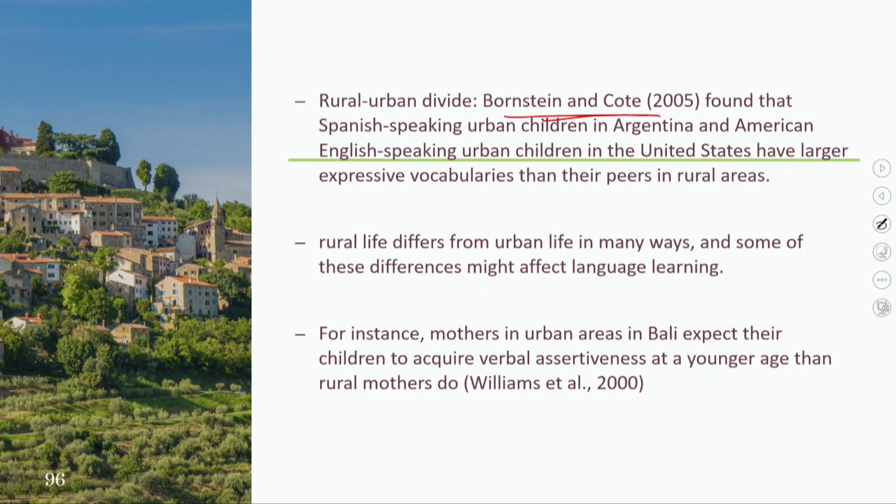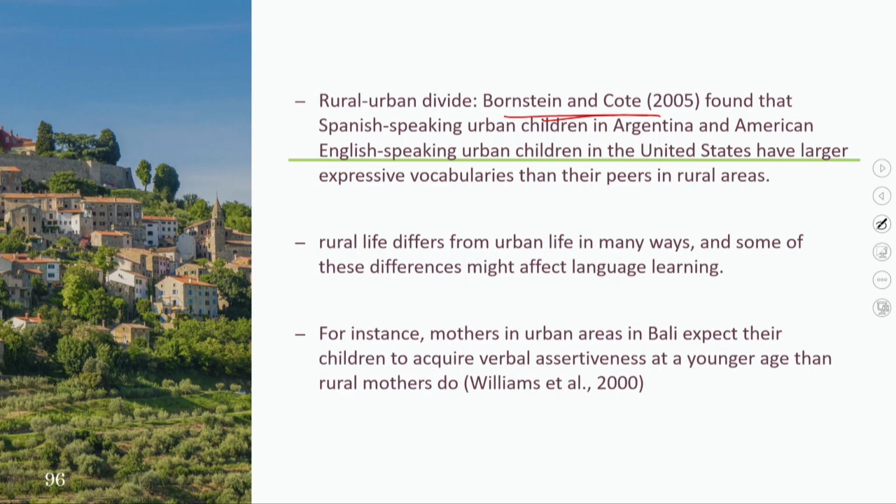Spanish speaking children in Argentina and American English speaking urban children in the US have larger expressive vocabulary, but rural children in Italy were found to have a higher number of verbs. Rural life differs from urban life in many ways, and some of these differences might affect language learning.